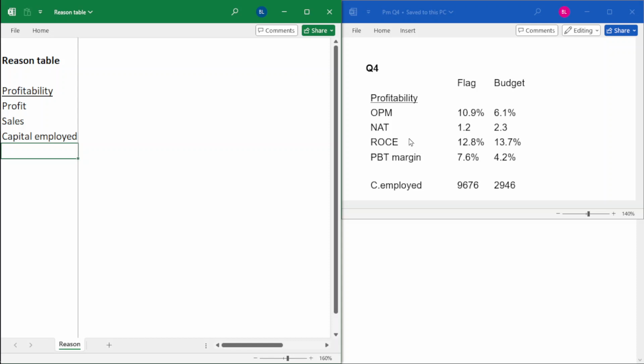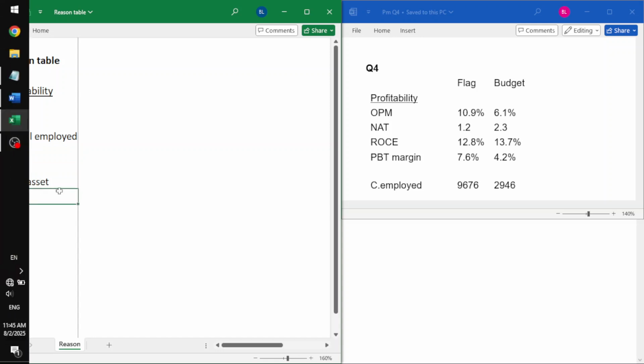ROCE is profit over capital employed. PBT margin is profit over sales. Then capital employed can be broken down into equity minus NCL or total asset minus current liability.